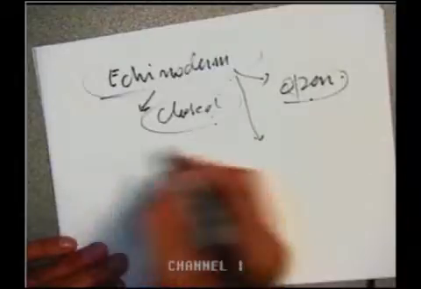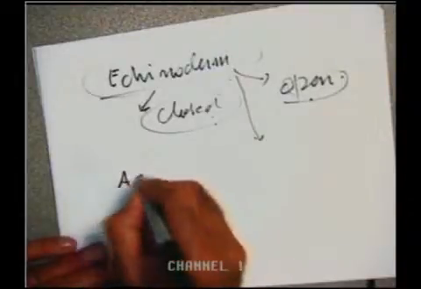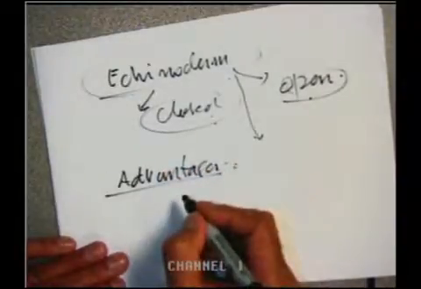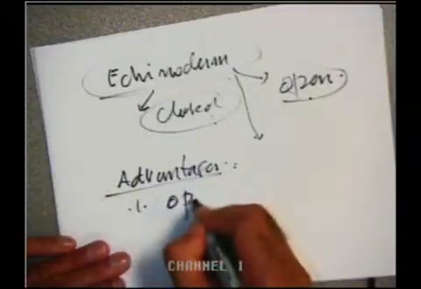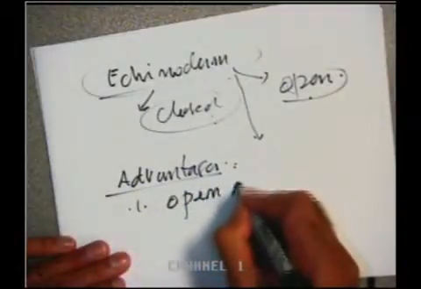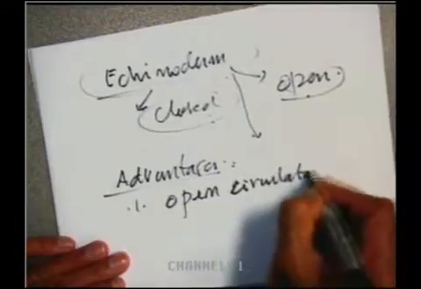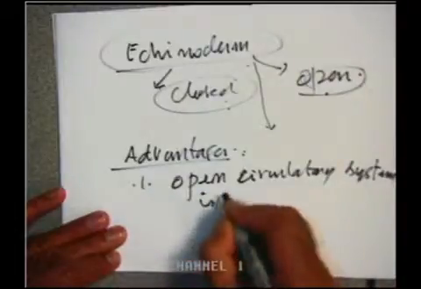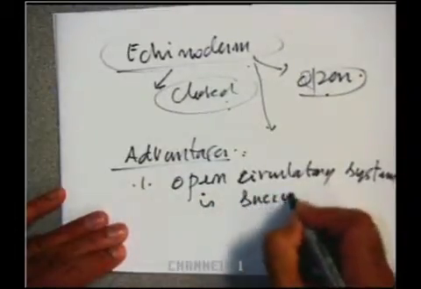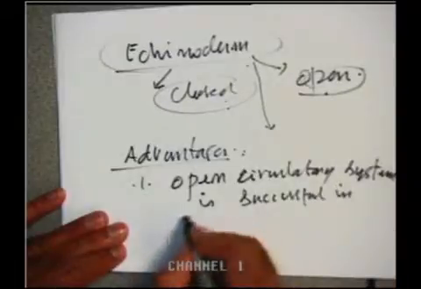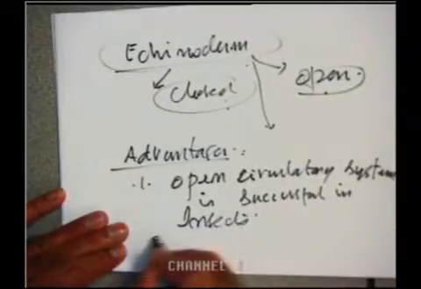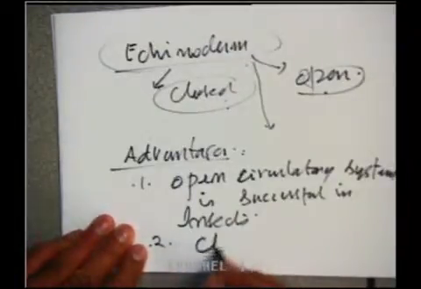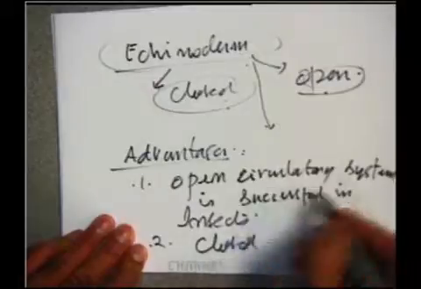So what are the advantages of one over the other? Open circulatory system is successful in insects. Closed system allows control, but in the insect there is no control.